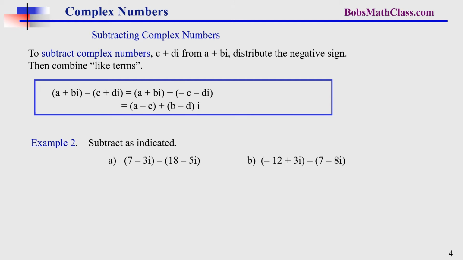So if we distribute the negative, we have 7 minus 3i minus 18 plus 5i. And now we can add the real parts, 7 and negative 18. It's a negative 11. And a negative 3i and a positive 5i is plus 2i.